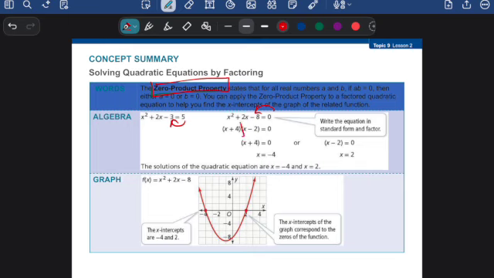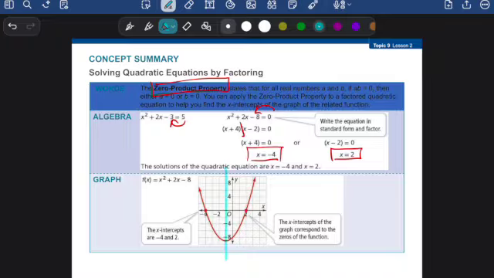Then you split each binomial and set each binomial equal to 0 and solve for x, and you'll have your solutions. Those are your x-intercepts. You can graph those x-intercepts, and then remember, find the halfway point, find the midpoint. There's your vertex. That will give you your x-coordinate for your vertex. You plug that in, you evaluate that point to get the output, or the y value for your vertex.